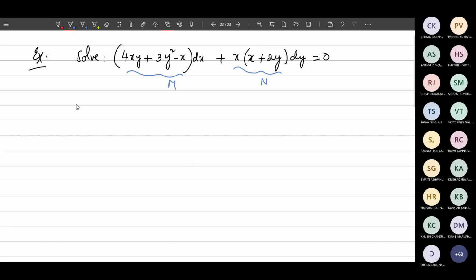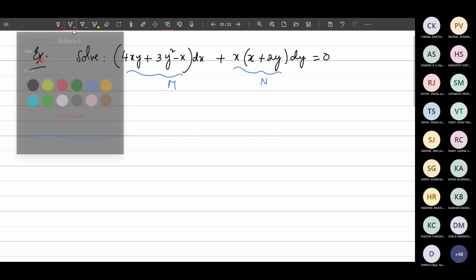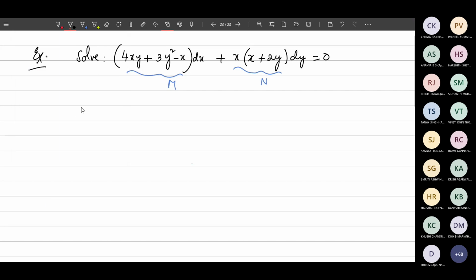Now if you look at this, we find ∂M/∂y and ∂N/∂x. If these are not equal, then only we go for the integrating factor. So ∂M/∂y: with respect to y, x is constant, so 4x times the y derivative 1, plus the y derivative 6y, minus the x derivative, that is 0.